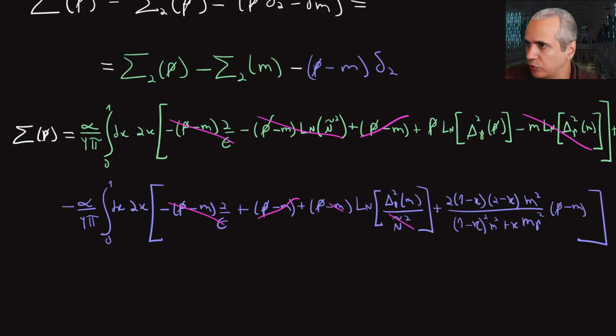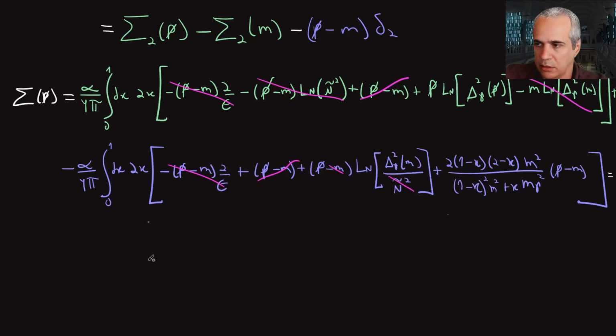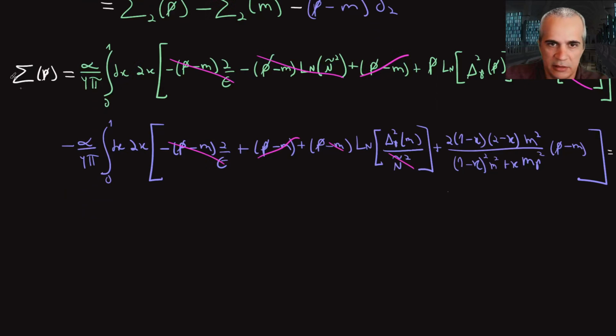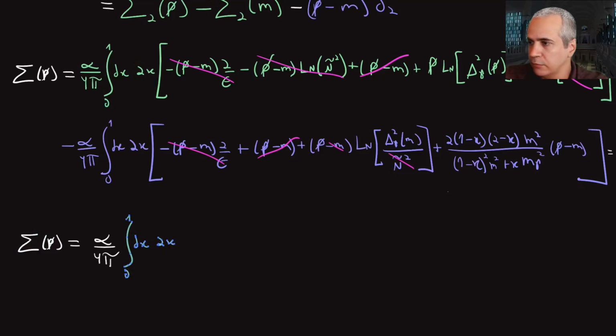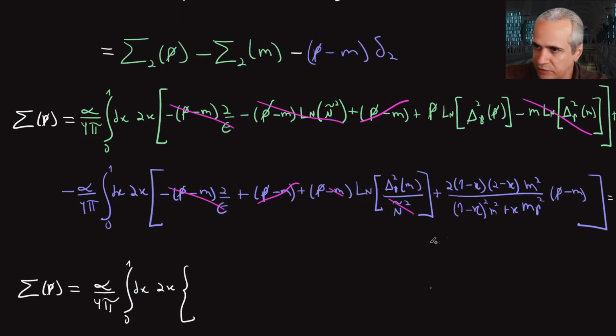I can put those together, right? And this is just sigma of p slash will be just alpha over 4 pi. The integral stays. And then I have the part, let me bring it down so you can see, right?